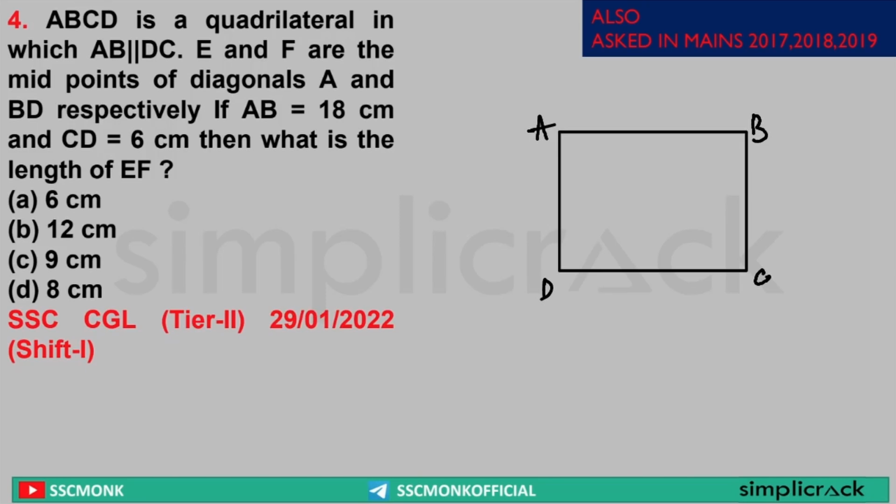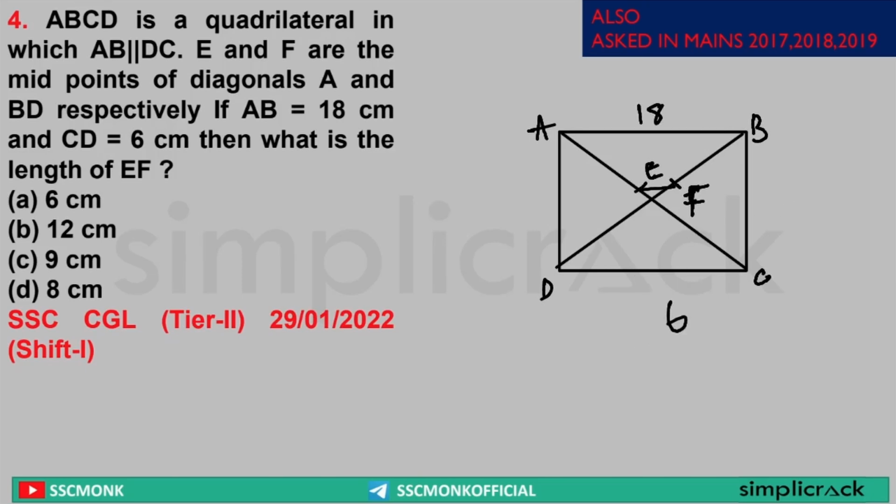E and F are the midpoints of diagonals AC and BD. So let's say this is one diagonal, this is another diagonal. Let's say the midpoint of AC here is E, the midpoint of BD here is F. If AB is equal to 18, CD is equal to 6, what is the length of EF?